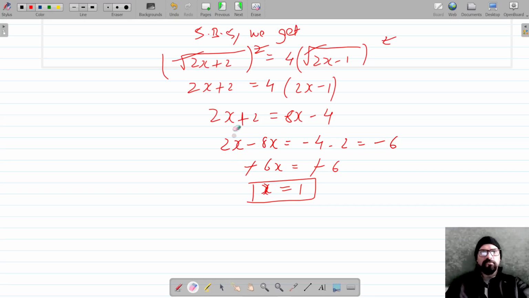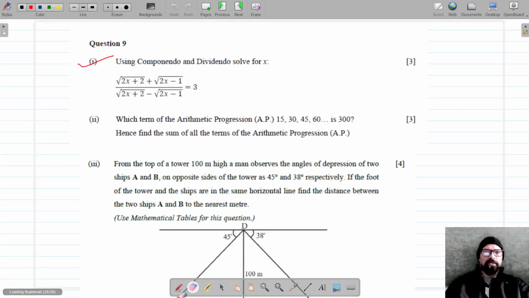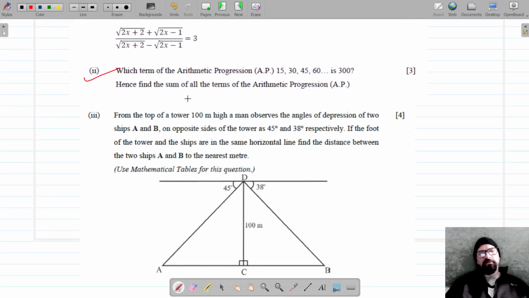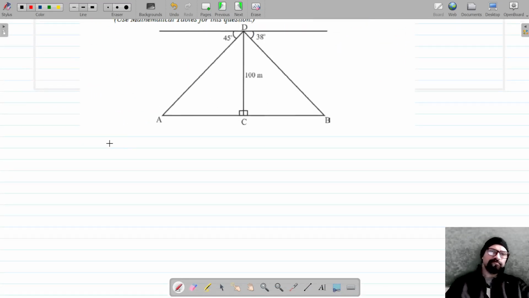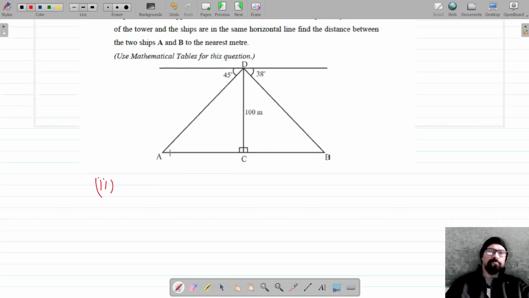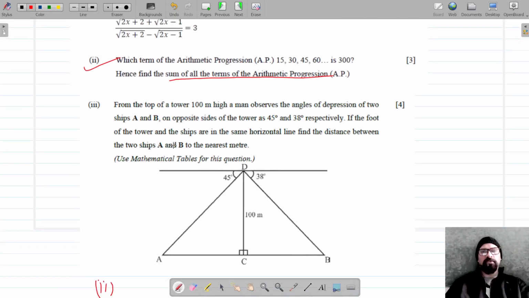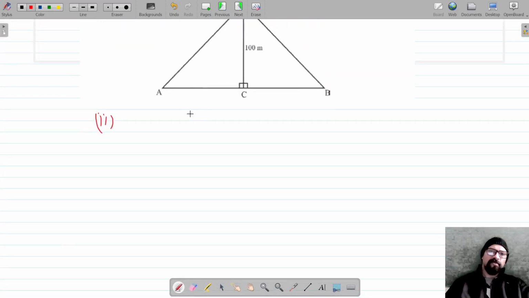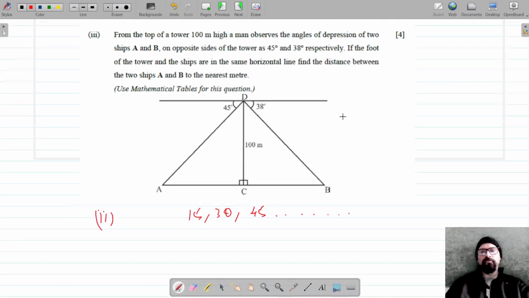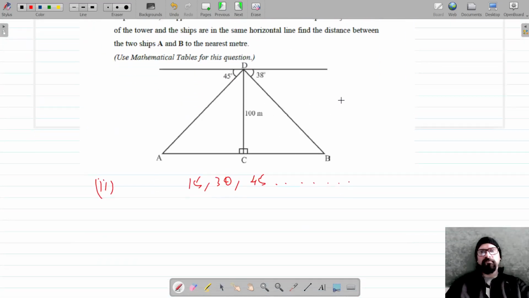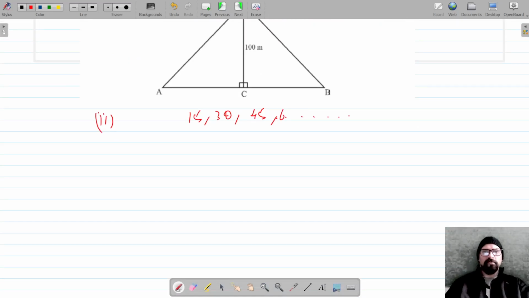Okay, moving on to the next part. Which term of the AP is 300, and hence find the sum of all the terms of the AP. So let's write down the AP. The AP is 15, 30, 45 and goes on, 45, 60 and goes on till 300.